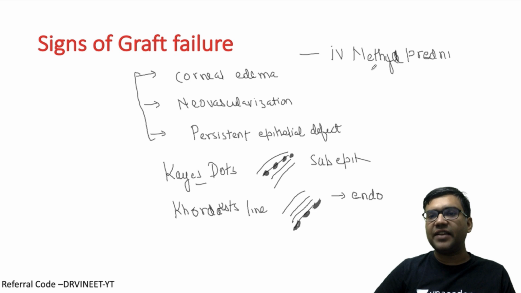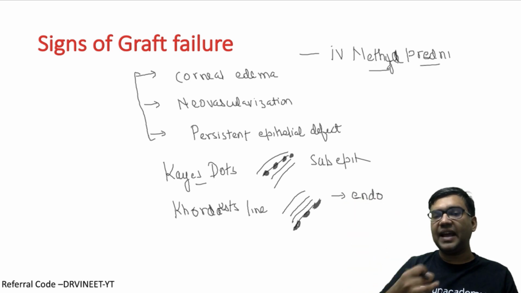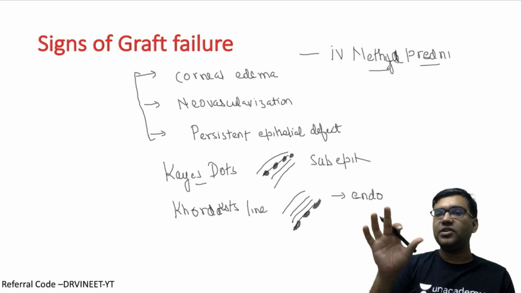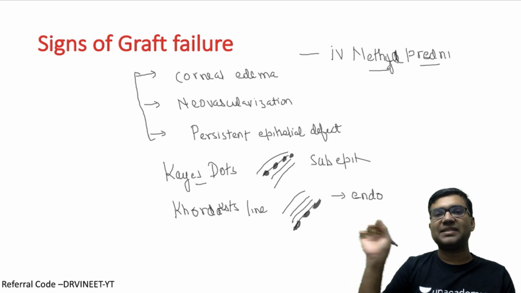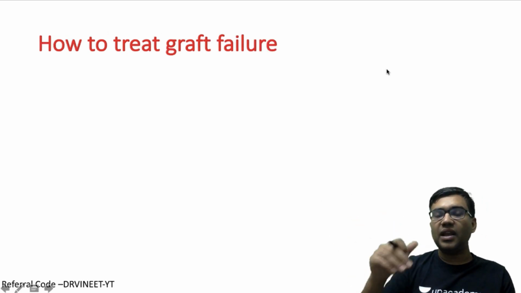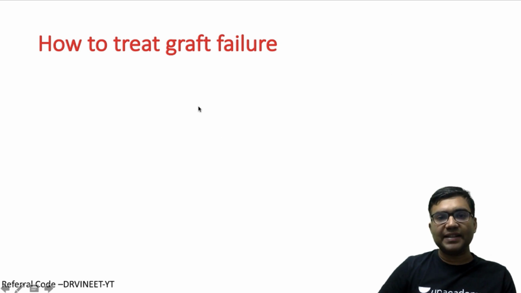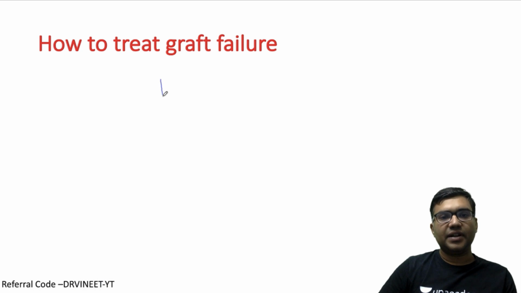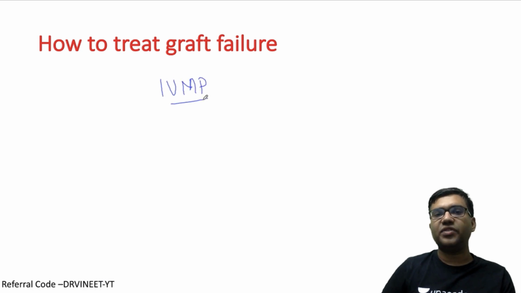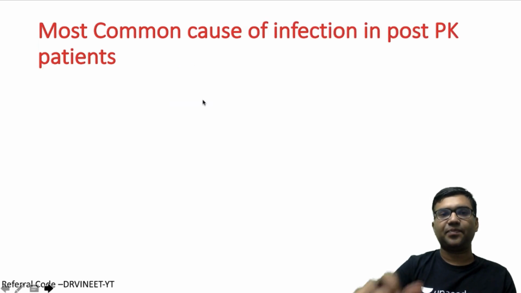Okay, so IV methyl prednisolone can be given as a treatment in the patients of graft failure. Remember, it is a delayed type of hypersensitivity reaction. Okay, so I told you it is intravenous methyl prednisolone which we can give to these patients.